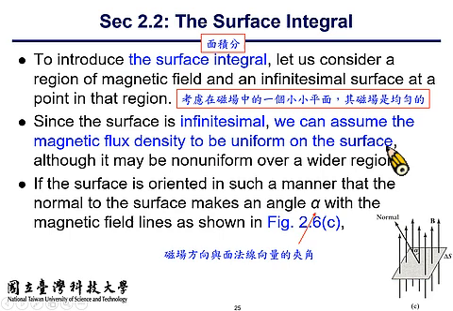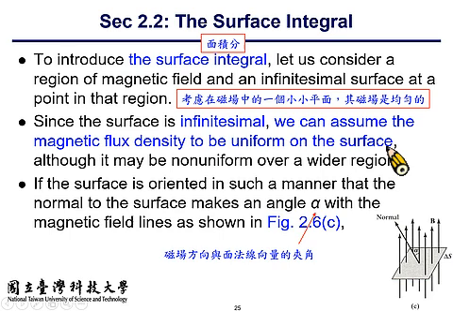That is, if you have a background magnetic field like this, if this is your vector B, and you want to accumulate, to collect the magnetic flux, you should place your net in this way, perpendicular to the direction of the magnetic flux, so that the normal of your current loop, or the normal of your surface, is parallel with B, and you can maximize the surface integral of this thing.